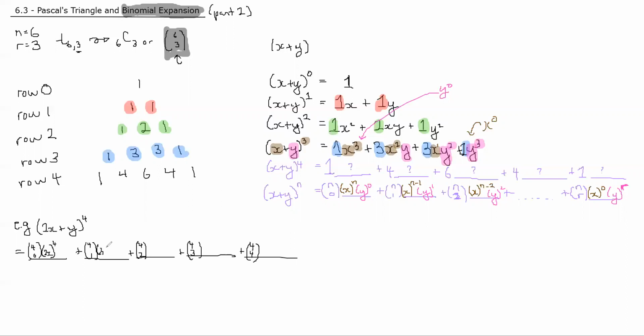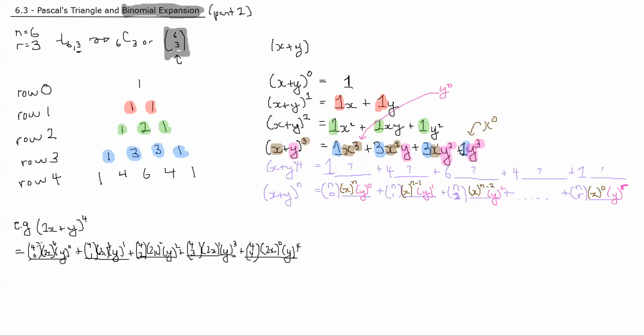This is going to be 2x starts with 3. This is going to be 2x starts with 2. This will be 2x power of 1 and power of 0. For the sake of writing everything and getting used to it, I'm going to write it anyway, even though that turns into a 1. Next, my second term, the y, is going to start with the power of 0. It's going to go power of 1, power of 2, power of 3, and power of 4.